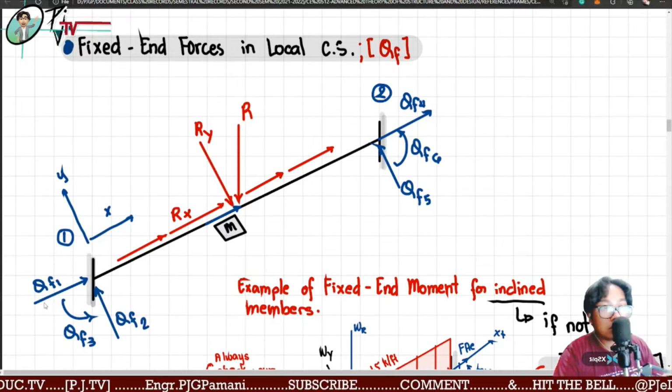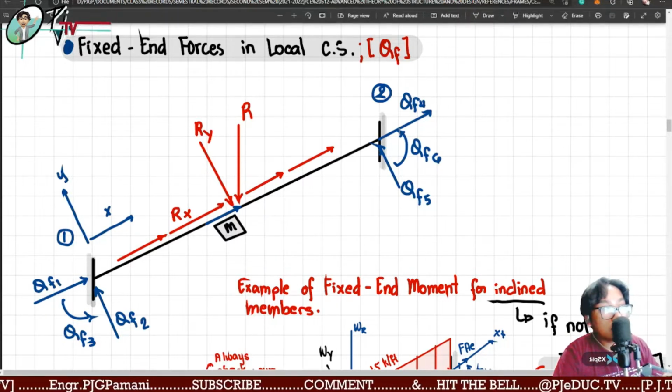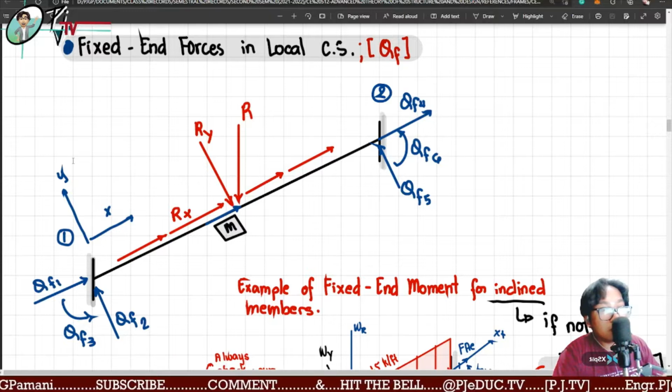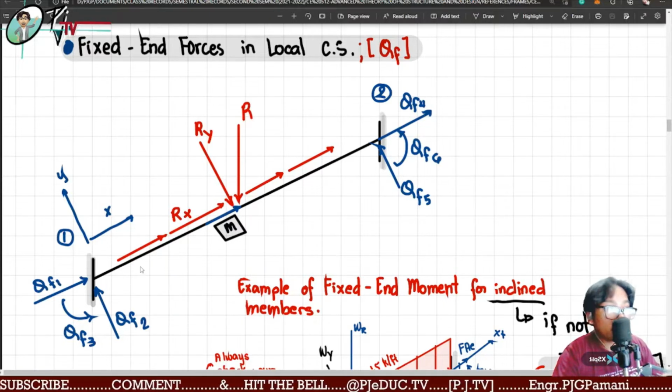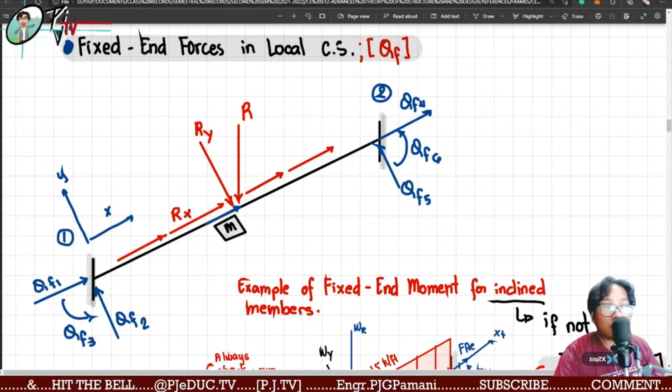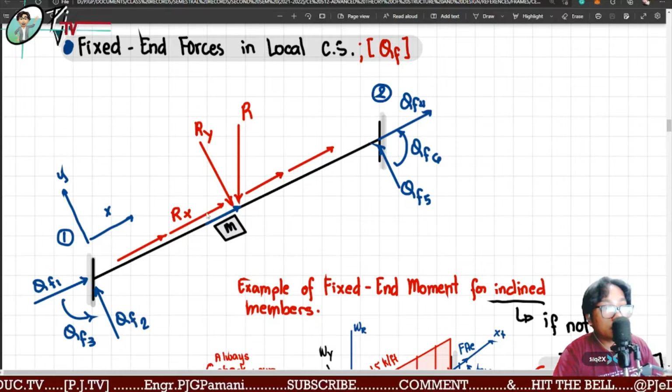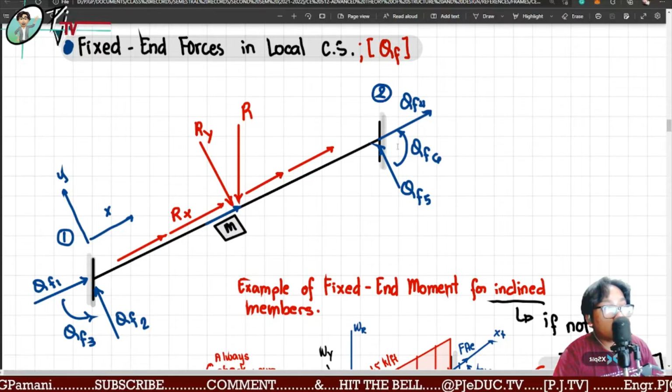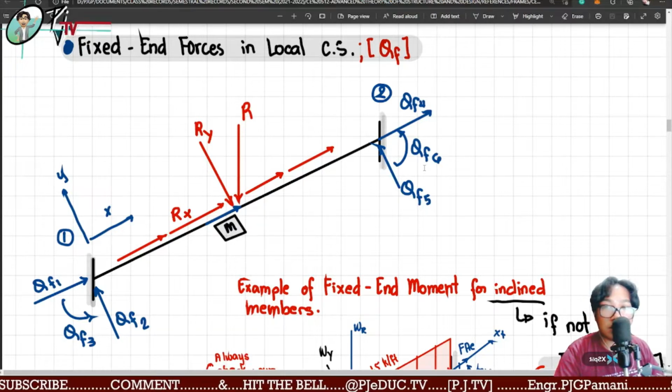So, local coordinate system, ayan yung ating x, ito yung y, then ito yung moment. Then number it by normal, shear, and moment. So we have QF1, QF2, QF3 at the near node, then at the far node, QF4, QF5, and QF6.